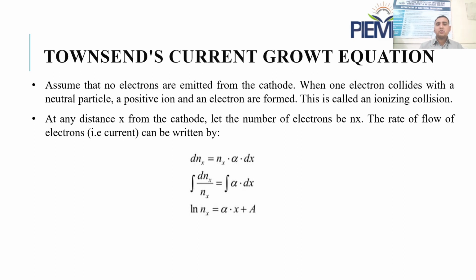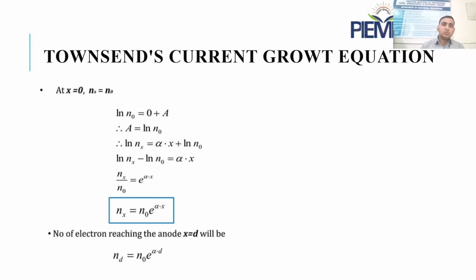The rate of rise should be given by dnx equals alpha nx dx. Integrating gives the logarithm, ln nx equals alpha x plus A, giving rise to one of the major functions of this formula.